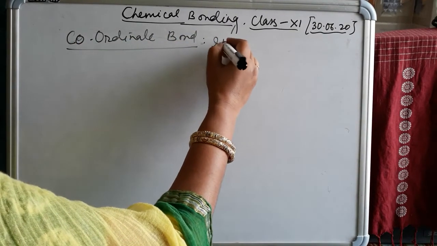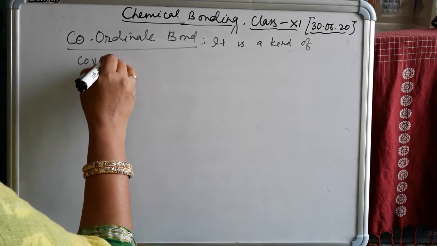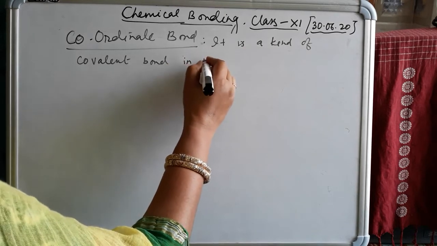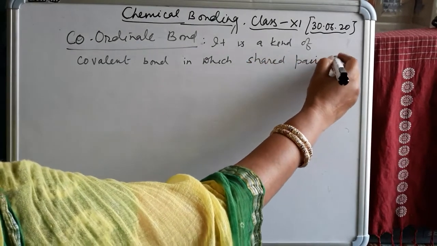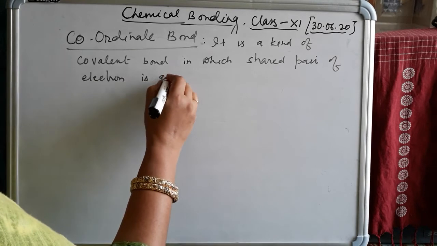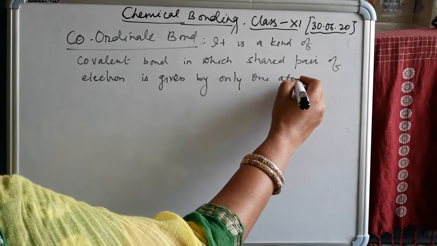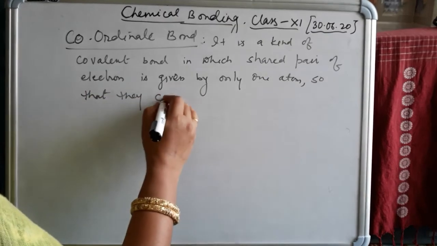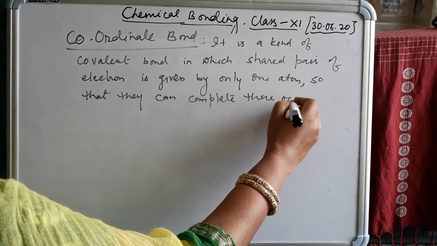It is a kind of covalent bond in which the shared pair of electrons is given by only one atom, so that they can complete their octet.